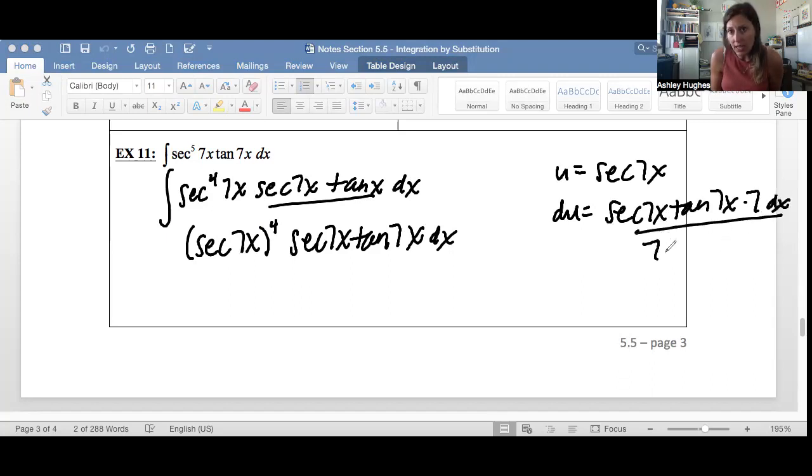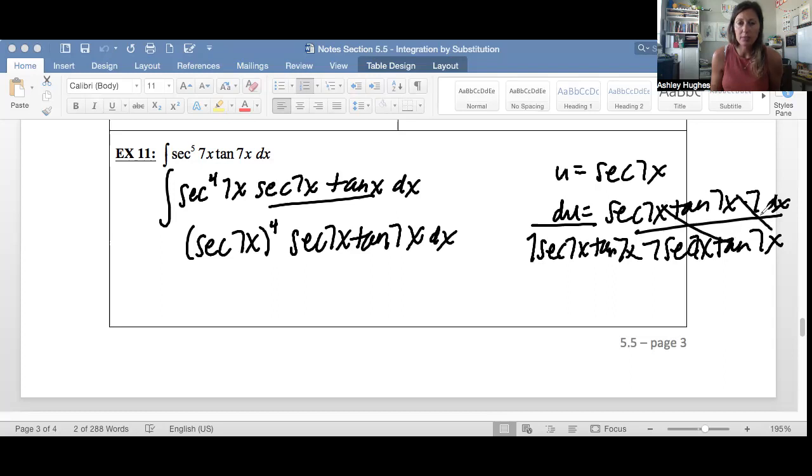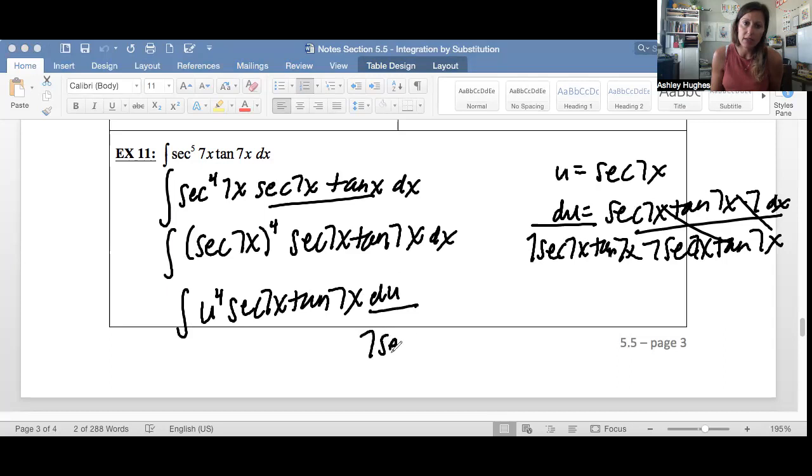So if I solve for dx, you will have du over 7 secant 7x tangent 7x. So if I go to substitute, this would be u to the 4th, secant 7x, tangent 7x, and then dx is du divided by 7 secant 7x tangent 7x.